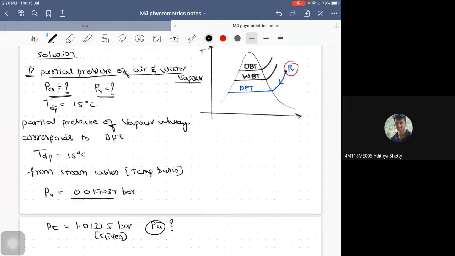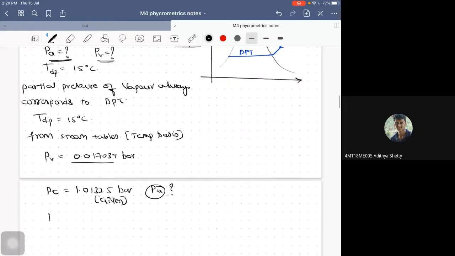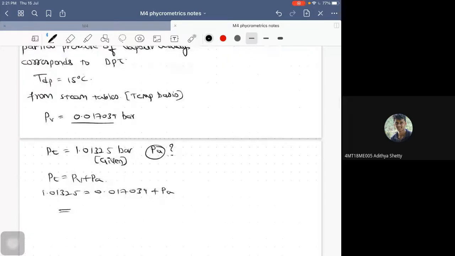PT is equal to PV plus PA, isn't it? Now I have the values of PV and PT, so substitute those, PV is 0.017039. From this, what is the value of PA, the partial pressure of air, in bar?